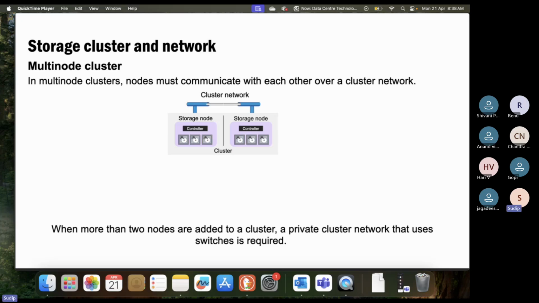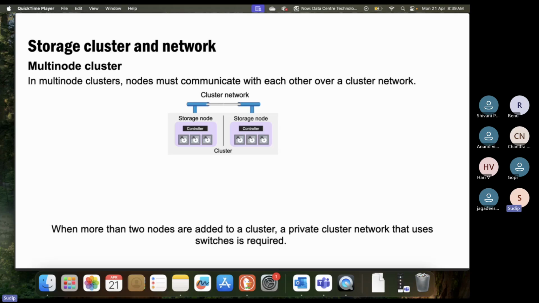So if it is a two node or two controller system, we also called it a HA pair, high availability pair, right? In such a system, connecting both the controllers is a very simple task, right?